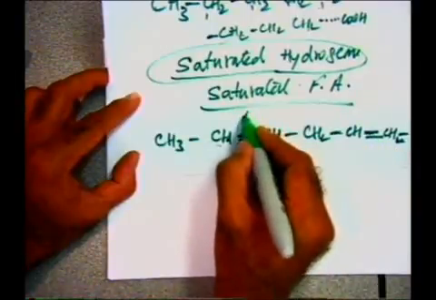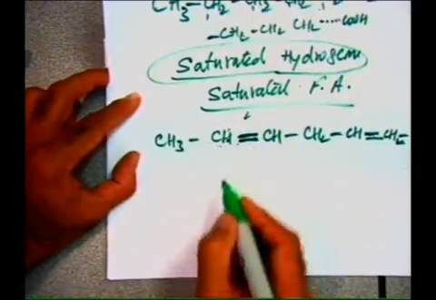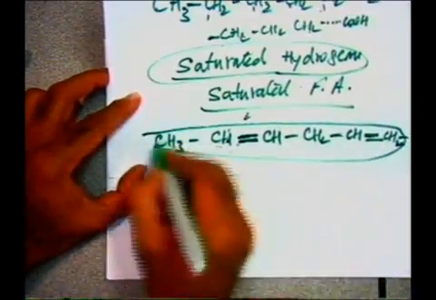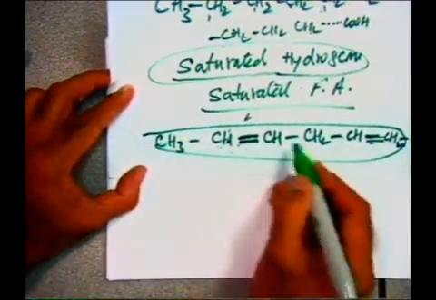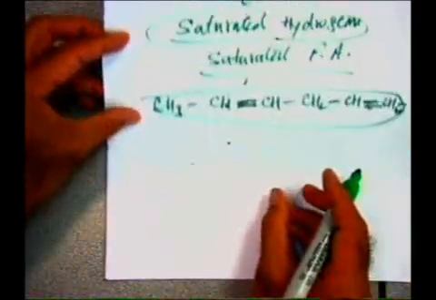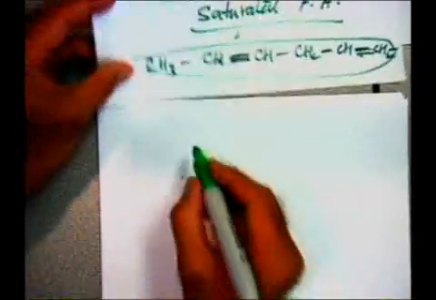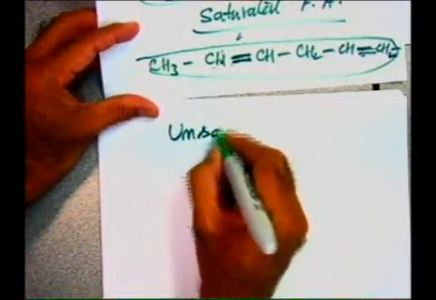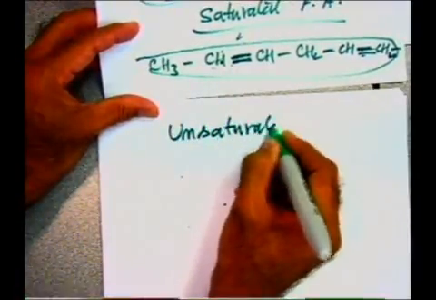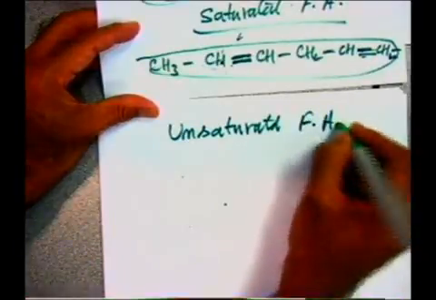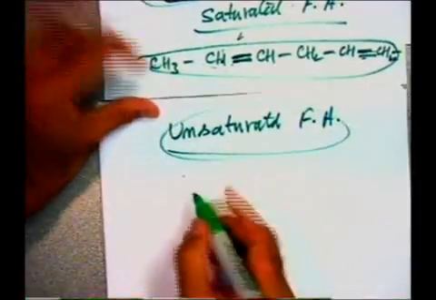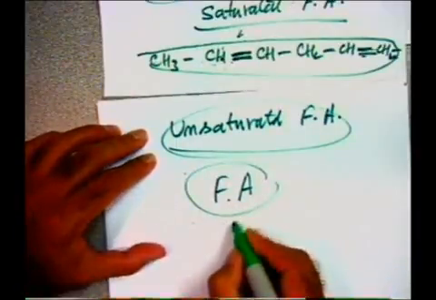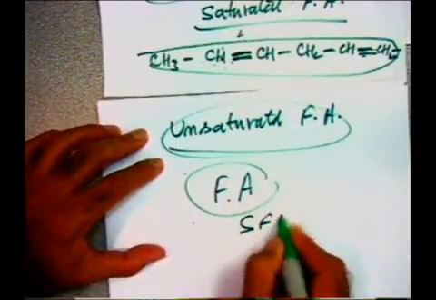So if you add a hydrogen, it can join with that group. Because of a double bond, or triple bond in some cases, we call it an unsaturated fatty acid, because this is not saturated.